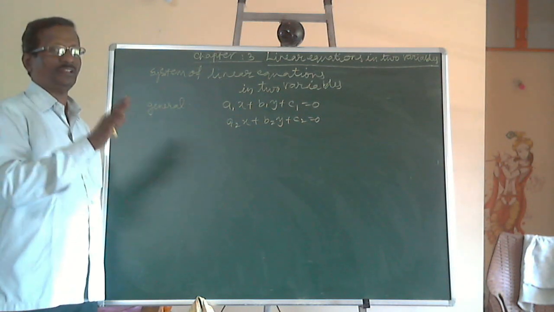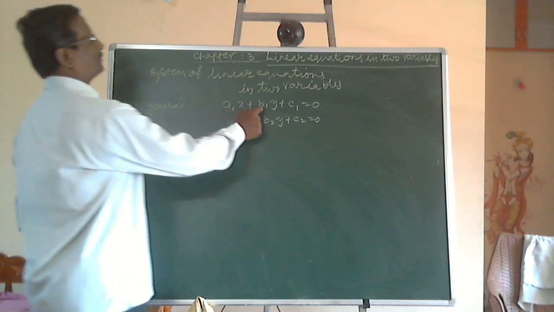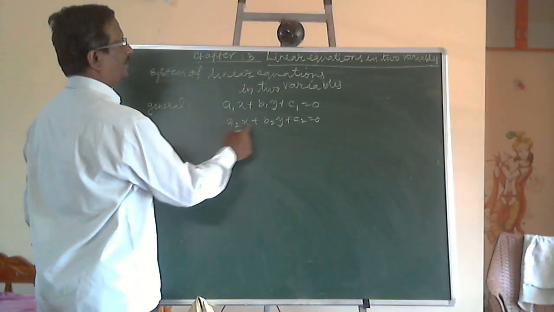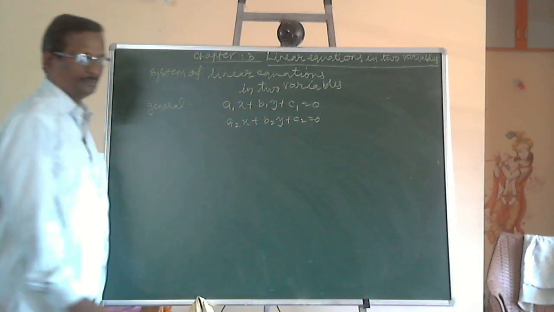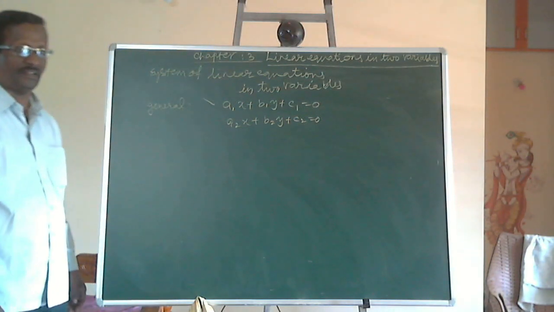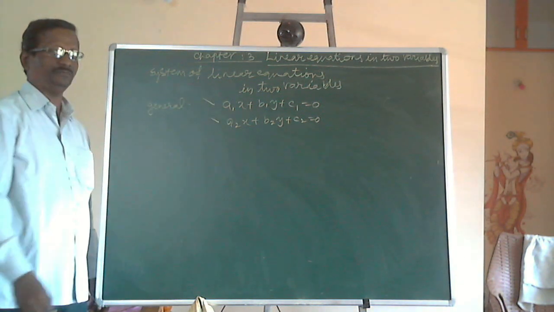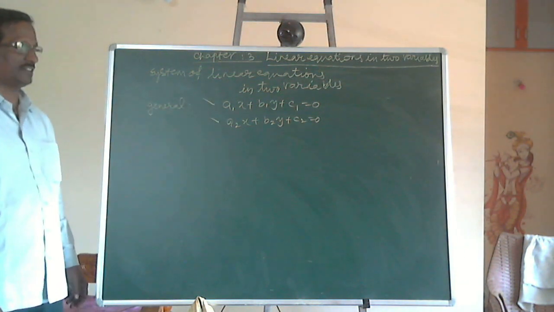The system contains the general equations a1x plus b1y plus c1 is equal to 0, a2x plus b2y plus c2 is equal to 0. When it is represented, this first equation is representing a straight line on the graph. The second equation is also representing another line.